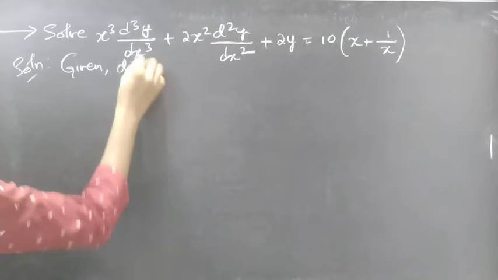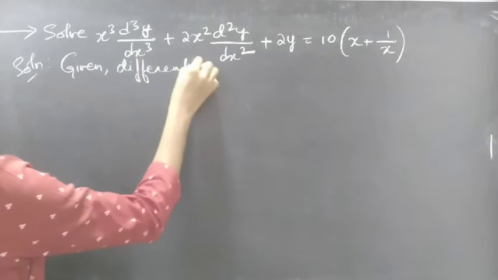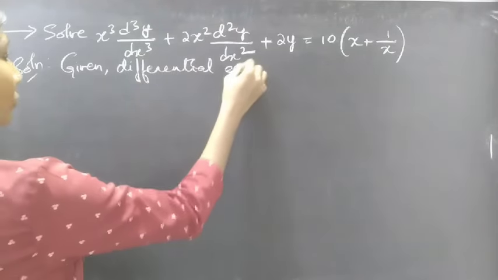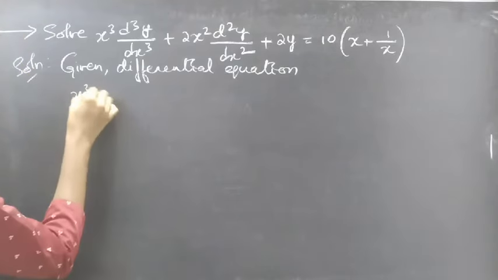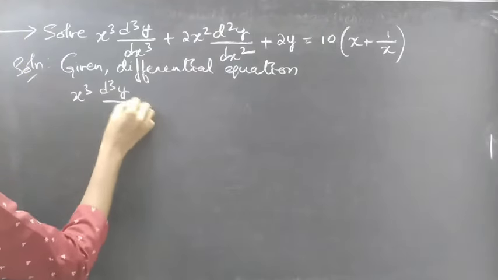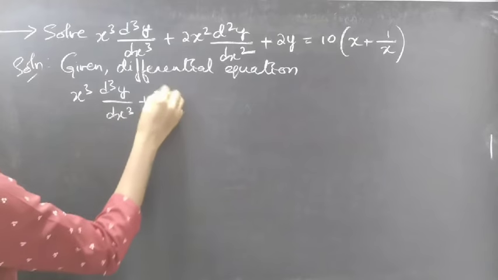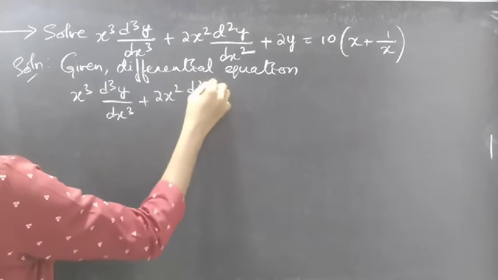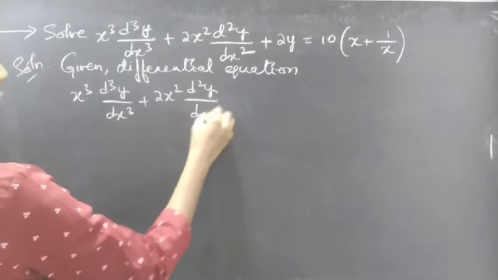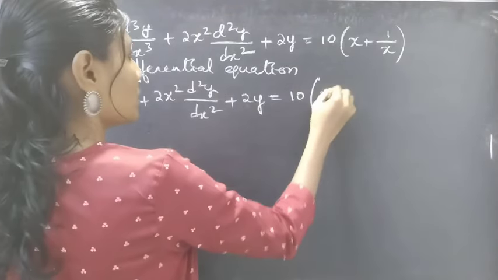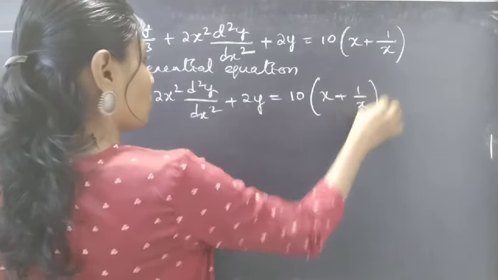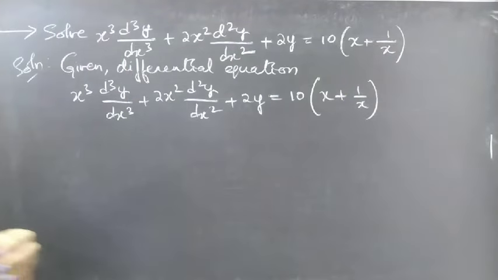Given differential equation, x cube d cube y by dx cube plus 2x square d square y by dx square plus 2y equal to 10 times x plus 1 by x.